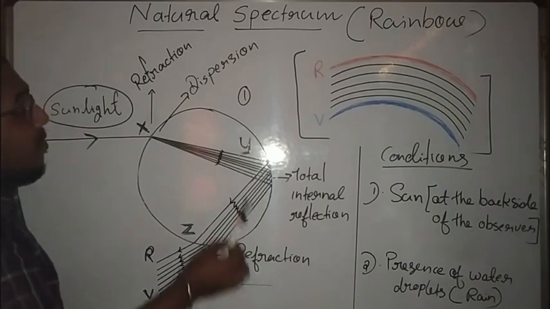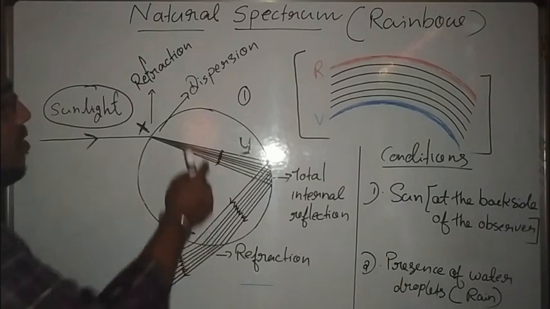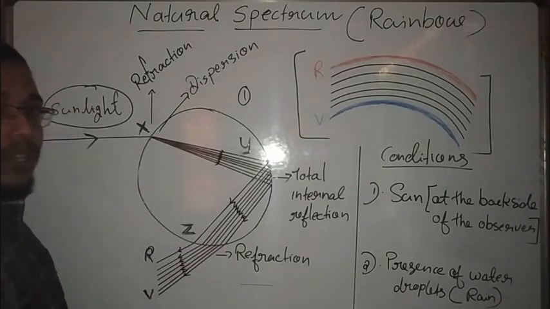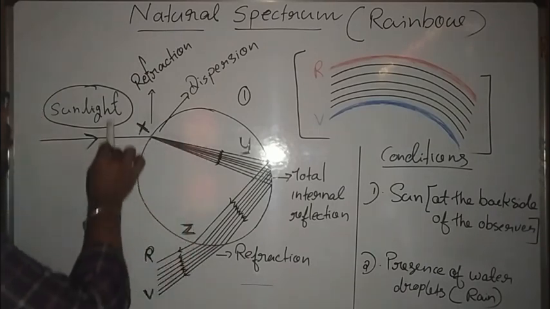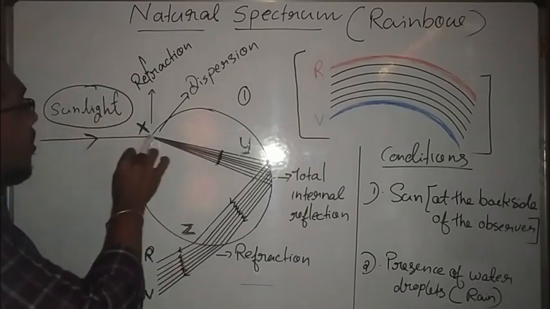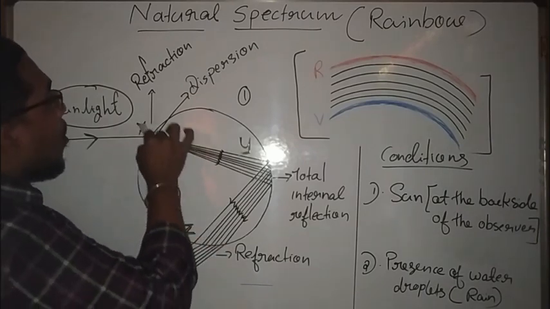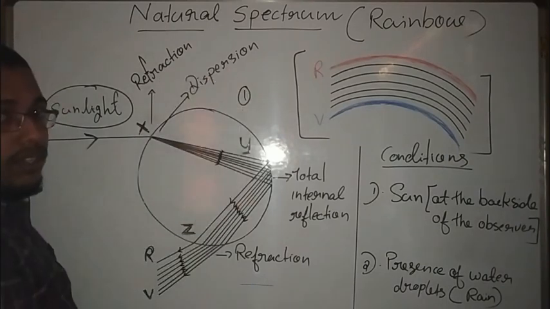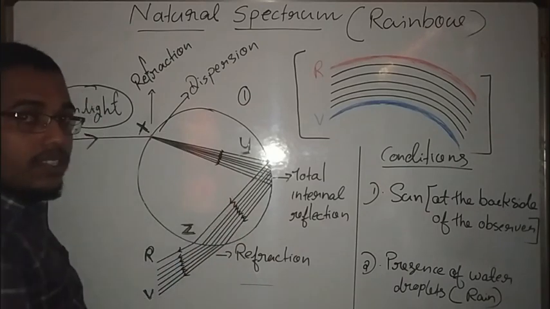For the dispersion of sunlight in nature, we consider a single water droplet, because a single water droplet will act as a tiny glass prism. Sunlight is there, and at this particular point it undergoes refraction and dispersion, and the beam splits into different colors.